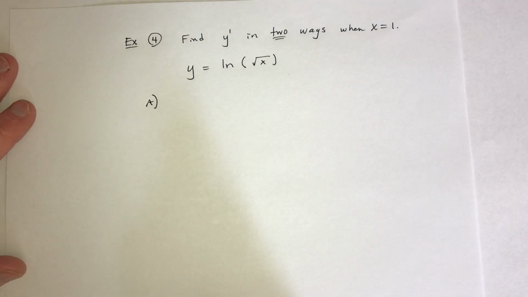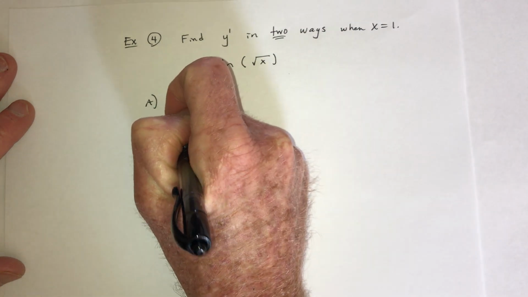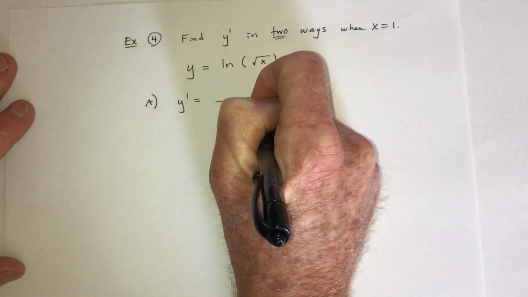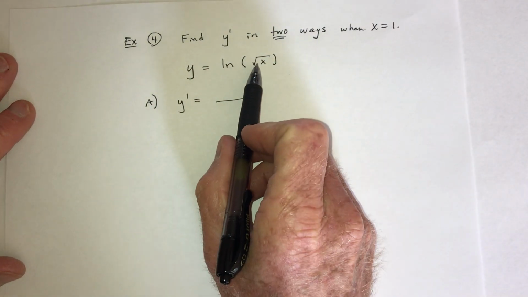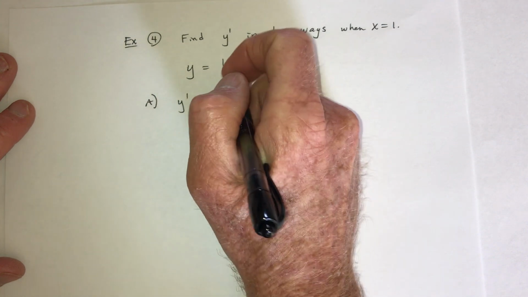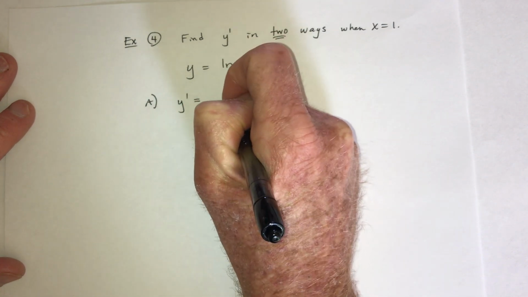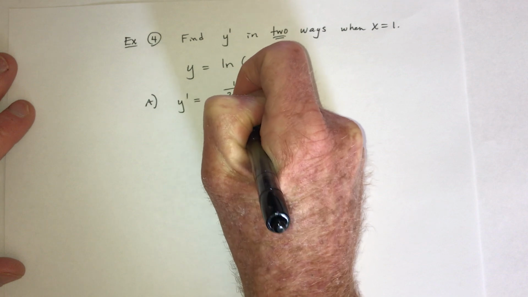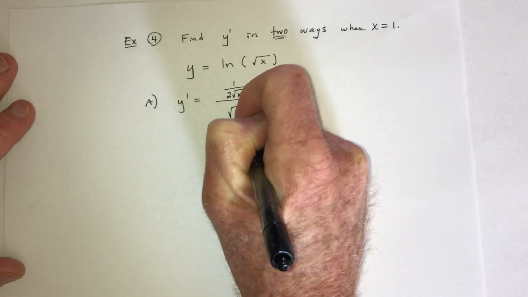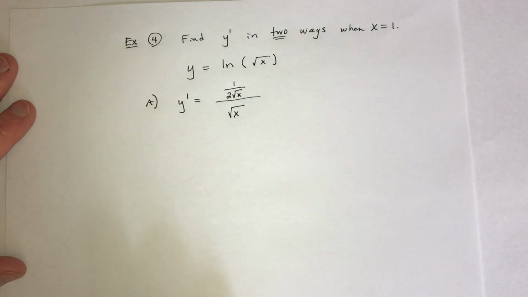For A, I'm just going to go ahead and start taking the derivative. Y prime equals, so it's got to be the derivative of the inside divided by the inside. The derivative of the inside would be 1 over 2 times the square root of x. Divided by the inside is the square root of x. And this we should simplify.